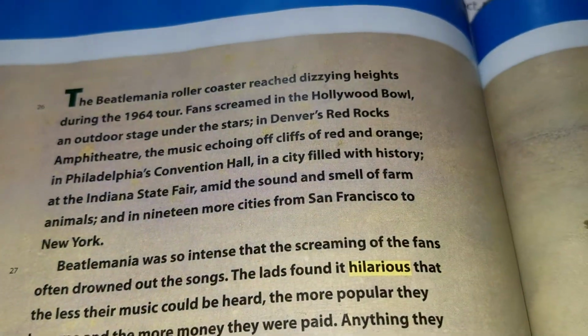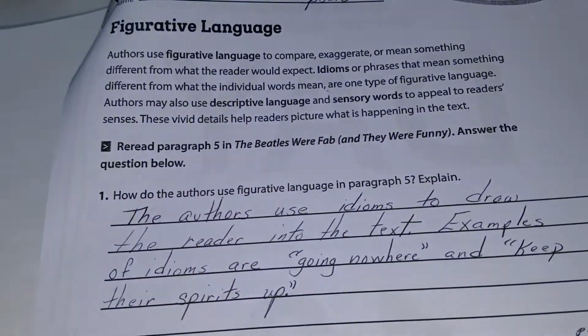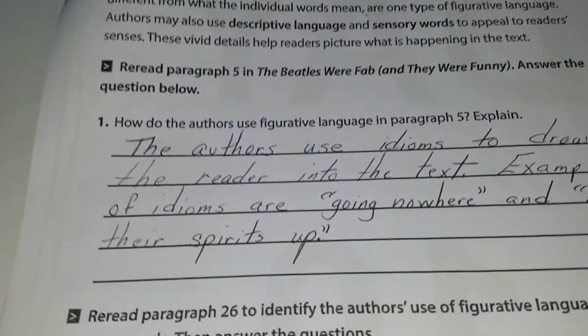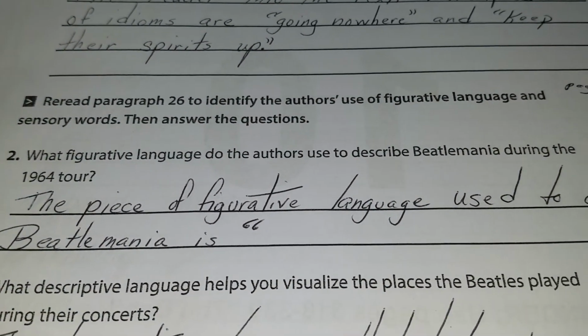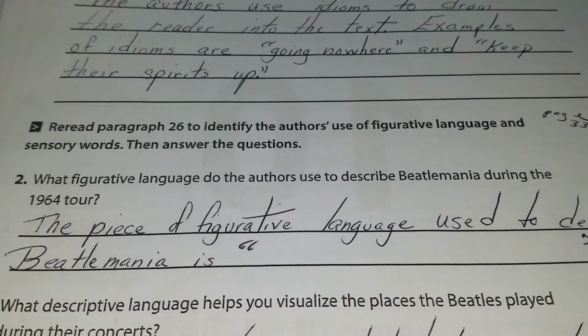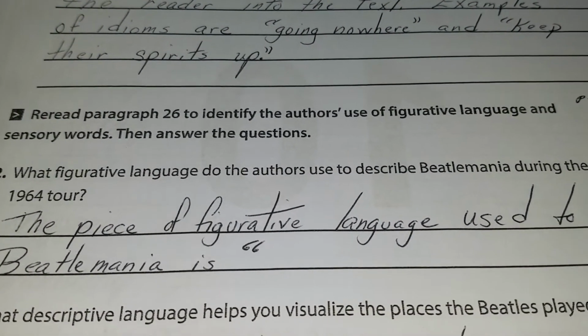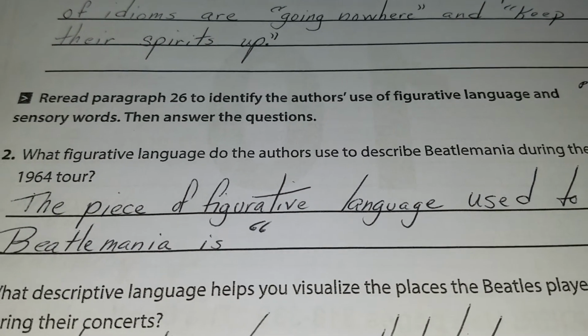Okay, so right away, my brain is going to some of the uses of figurative language there, some of the stuff that put a picture in my head. All right, so what figurative language do the authors use to describe Beatlemania during the 1964 tour? That one should have jumped at you. So go back and look at that paragraph.